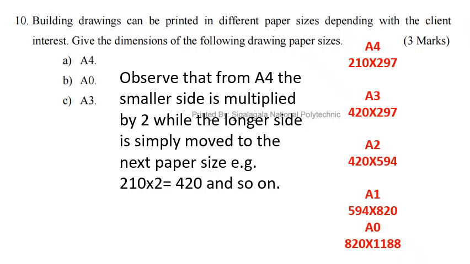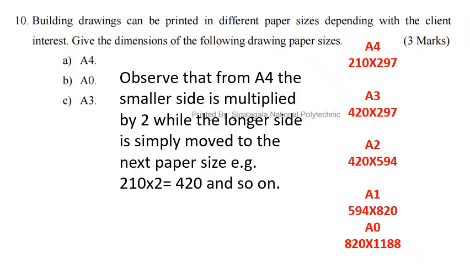So once you have A4, which has 210 by 297, you always remember that moving to the next paper size, we will double the shorter side and just move the longer side to the next paper size, so that 297 has just been moved down to A3. It is the longer side. And then the shorter side has been multiplied by 2. You can see 420 by 297.